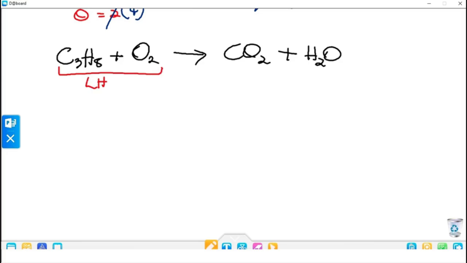Left hand side, we have carbon is 3, hydrogen is 8, and oxygen is 2.